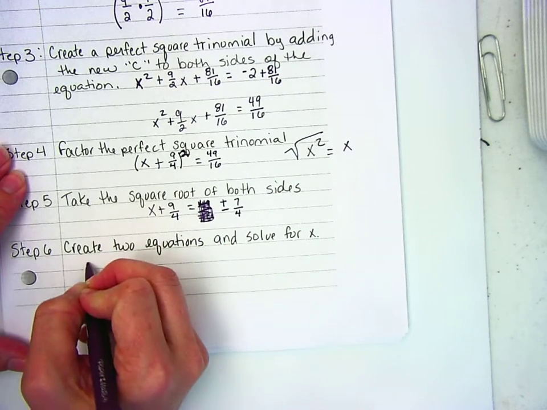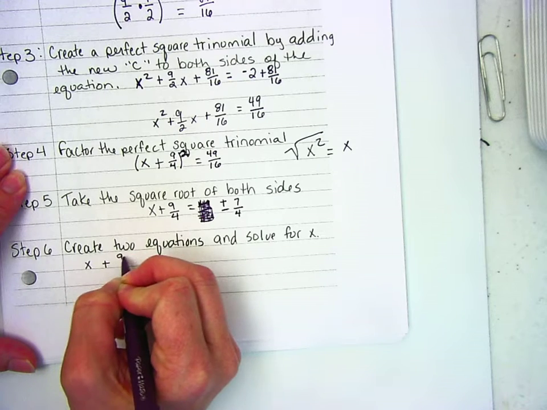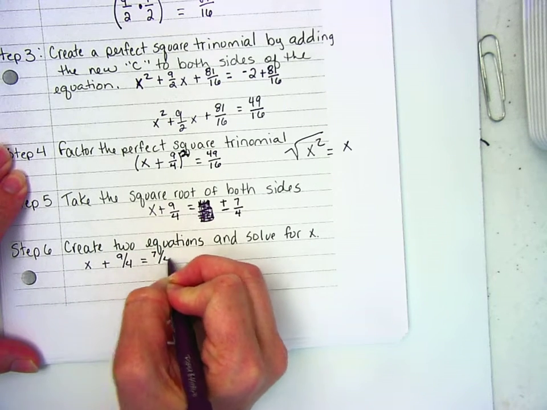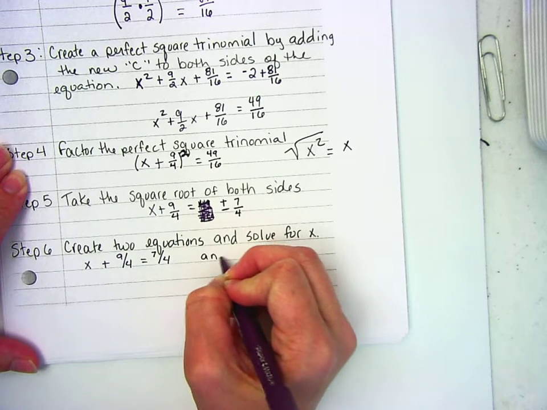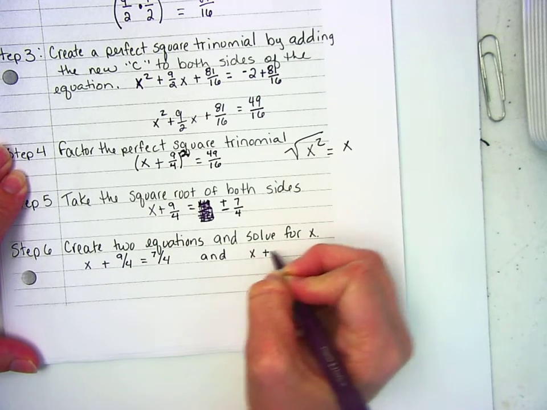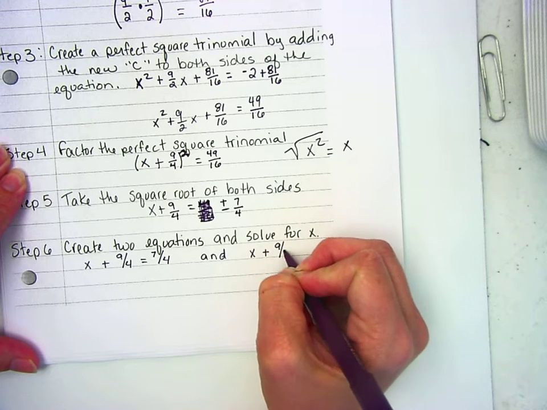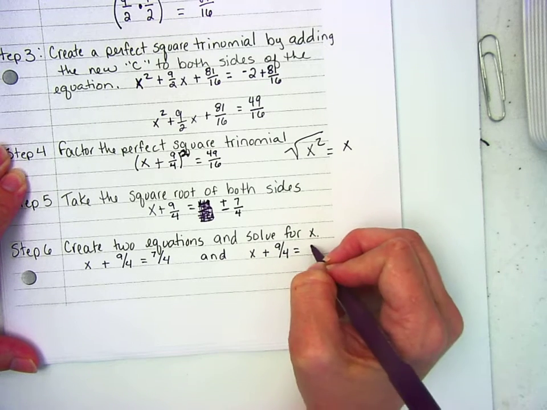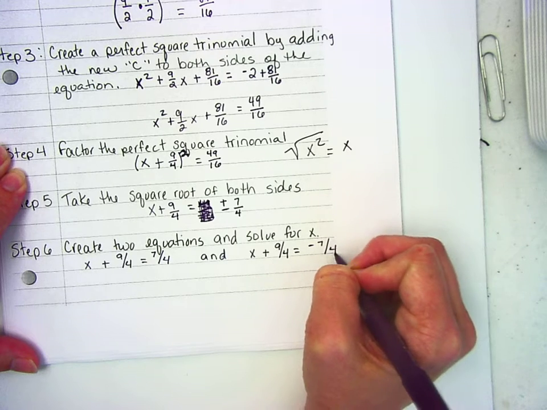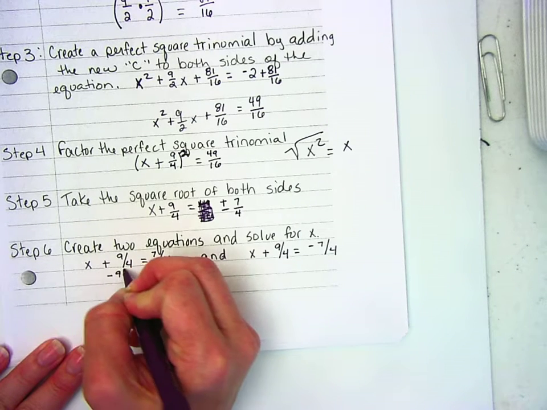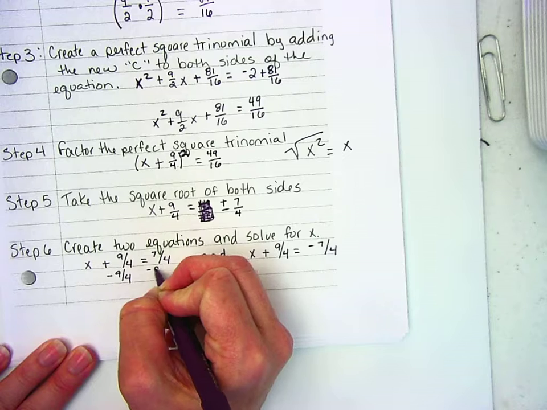So I have x plus 9 over 4 equals the positive form, 7 over 4, and x plus 9 over 4, I'm going to keep that addition, I'm not changing that, equals the negative form, negative 7 over 4. At this point, this is only a one-step equation. You're going to subtract 9 over 4 from both sides.